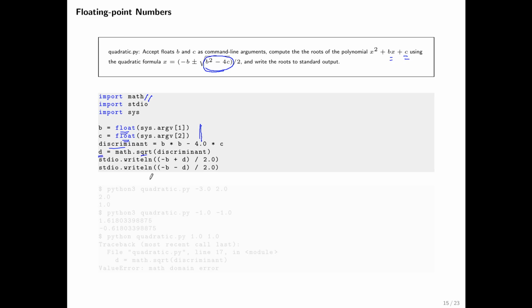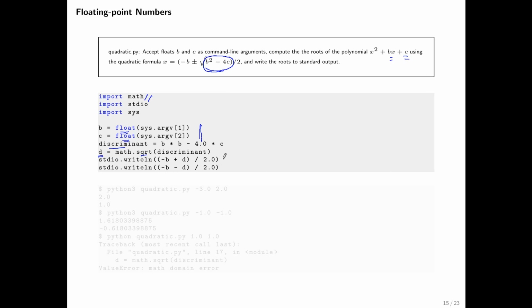And then all that we need to do is calculate the two roots as minus b plus the square root of the discriminant divided by 2, and minus b minus the square root of the discriminant divided by 2.